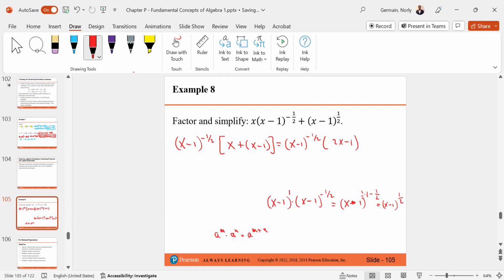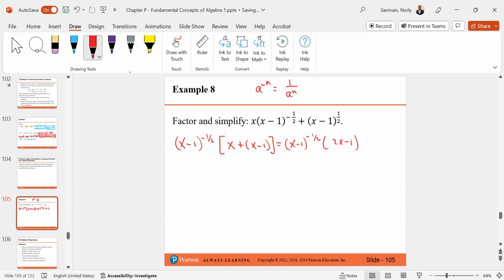Having 2x minus 1, we can leave it like this, or what I do is, because we don't like negative powers, we said if you have a power negative n, you can do a power n.